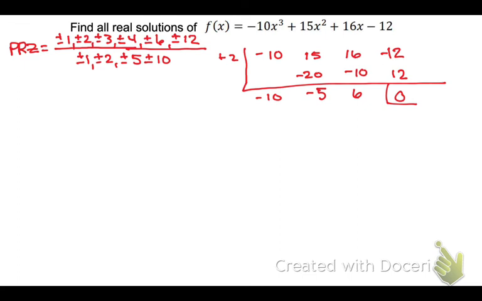So now we're down to negative 10x squared minus 5x plus 6. So 10x squared plus 5x minus 6. So the factors of 60 that have a difference of 5.